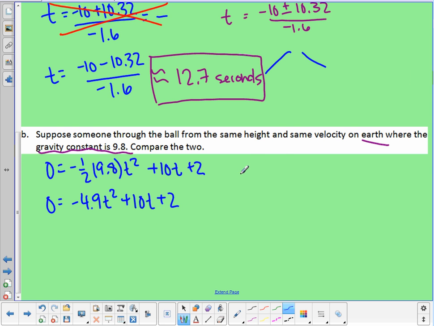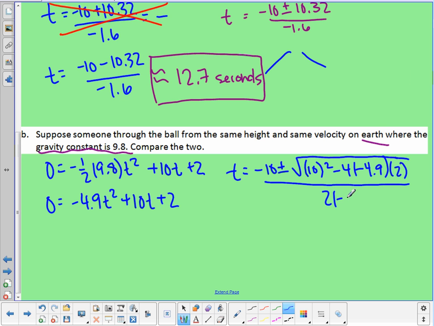So I'm going to go ahead and plug that into my quadratic formula. T is going to equal, opposite of b is still -10, plus or minus the square root of b squared minus 4 times a, -4.9, times c, which is 2, and it's all over 2 times a.